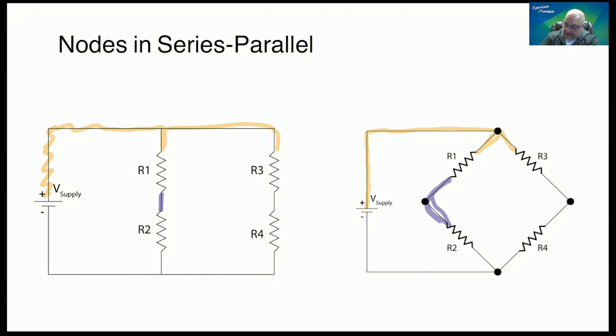And then a different node, I might run out of colors here, that goes from R3 to R4, right? And another one that goes back to the negative of the power supply from R2 and R4.